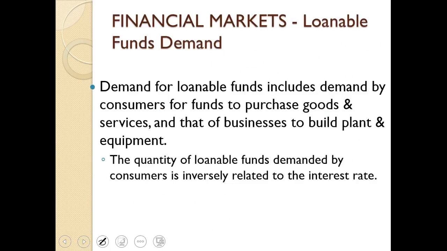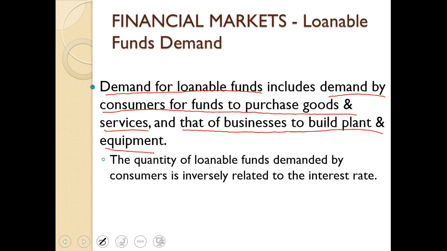Well, that was the supply of loanable funds. What about the demand for loanable funds? This includes the demand by consumers for funds to purchase goods and services, and businesses taking out a loan to build a plant or equipment. So the supply of loanable funds increases as the interest rates rise.